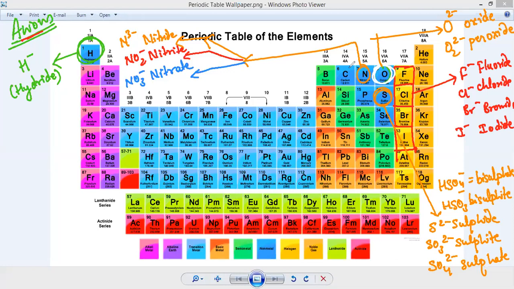Then for carbon you have some anions. For carbon, what all anions are there? First anion is CO3 2 minus. That is your carbonate.